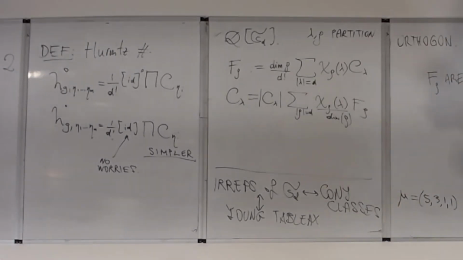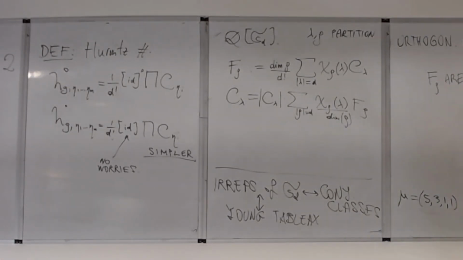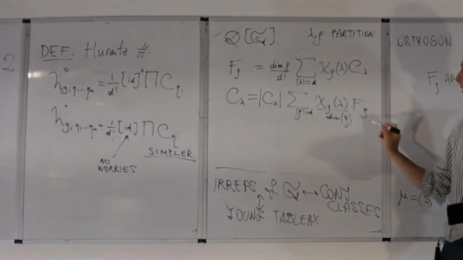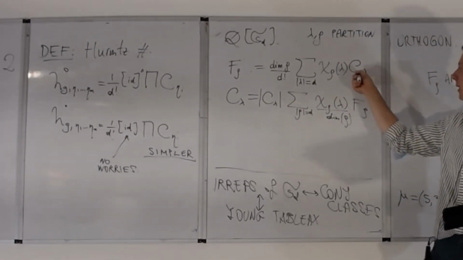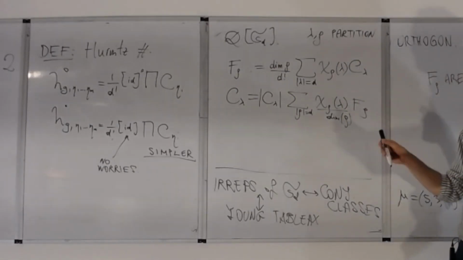I mean, just try. F is defined like that, and the C's are defined like the F, and now you take this and substitute it back in here, and you have an expression of F in terms of F.